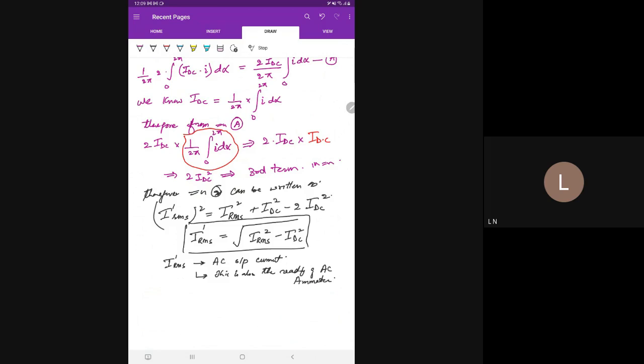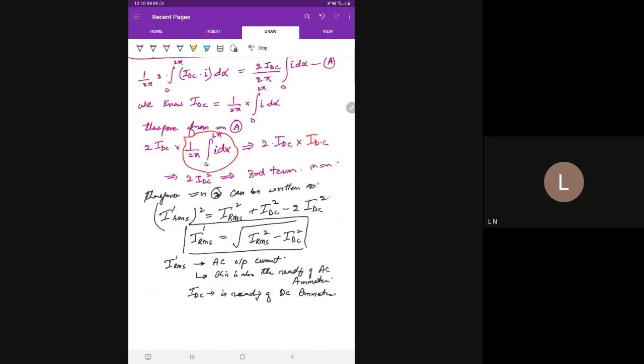Whereas IDC is the reading of the DC ammeter. So this is the RMS value of our current.